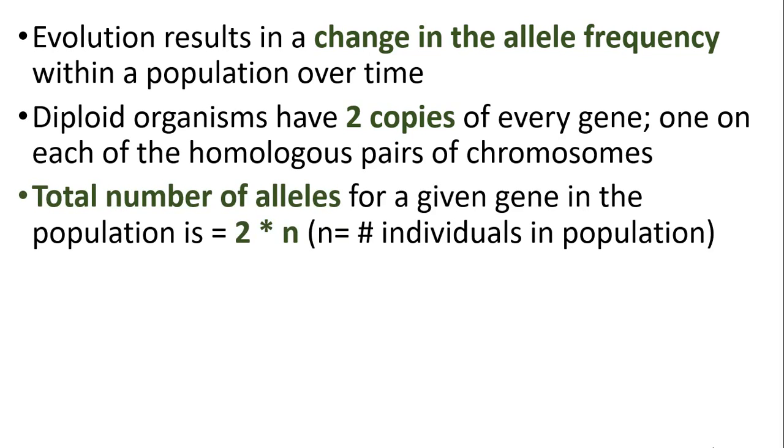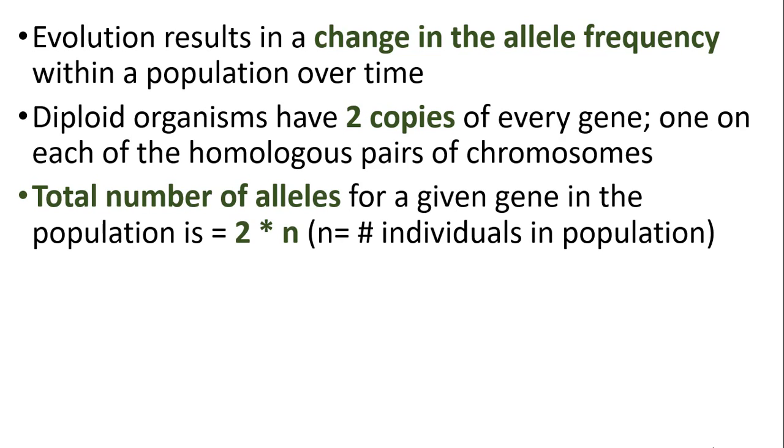To figure out the total number of alleles for a given gene in a population, the gene pool for this particular gene, you take 2, because individuals have 2 alleles for every gene, and multiply that by n, the number of individuals in a population.